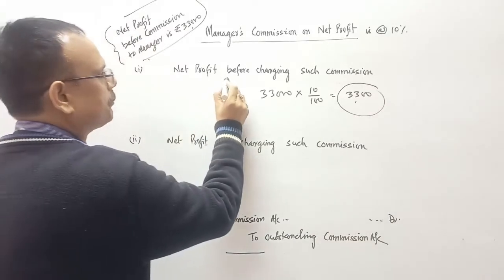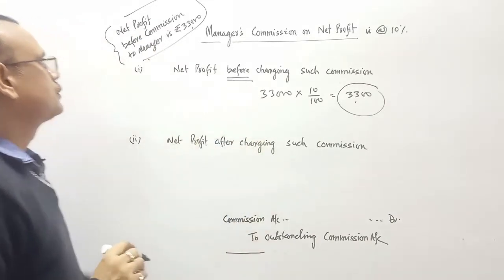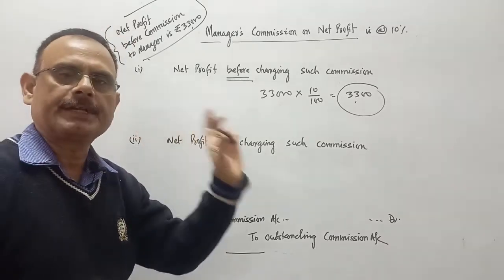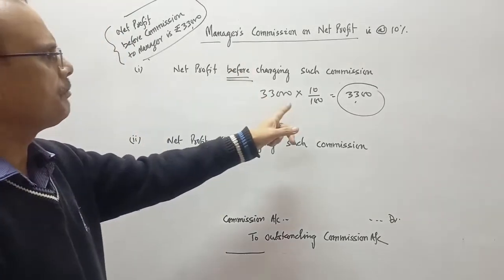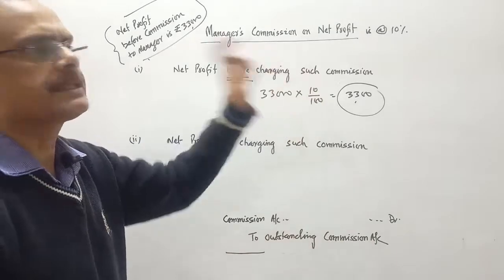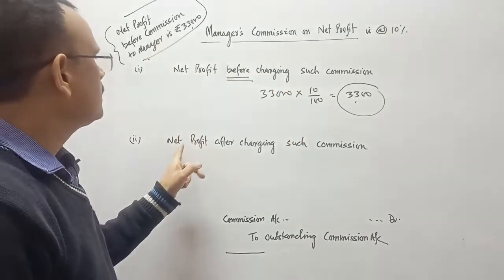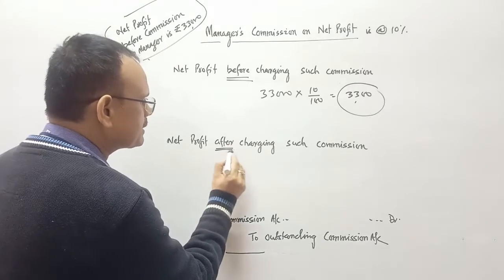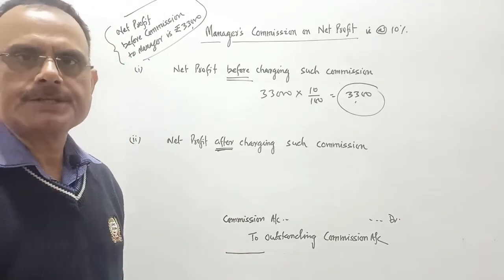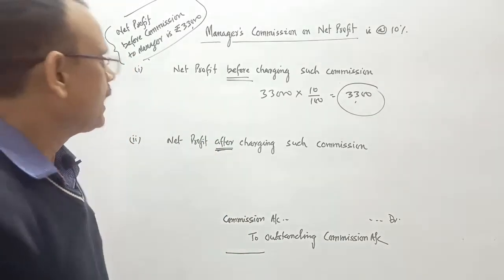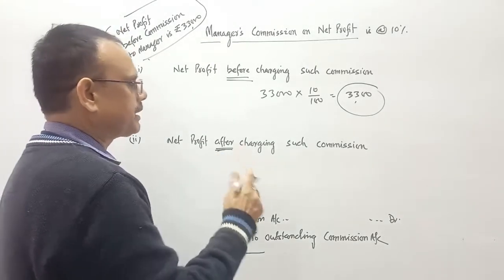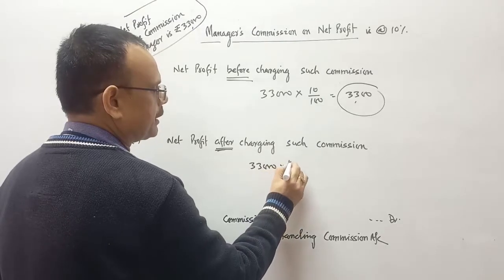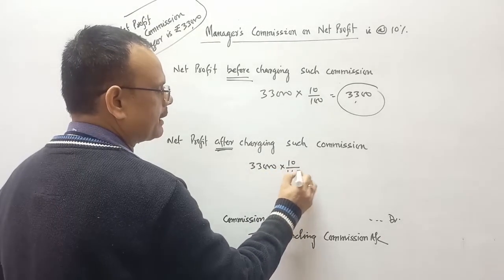If it is before charging, so net profit before charging manager commission is 33,000, simply you calculate 10% of 33,000. But if the commission is on net profit after charging manager's commission, then this will be calculated as 33,000 into 10 upon 110.